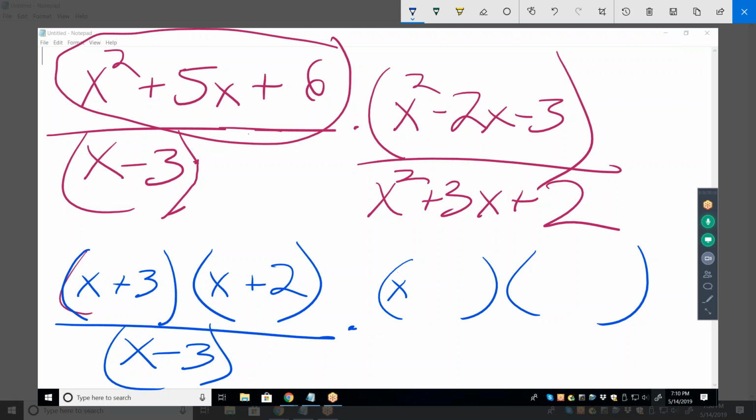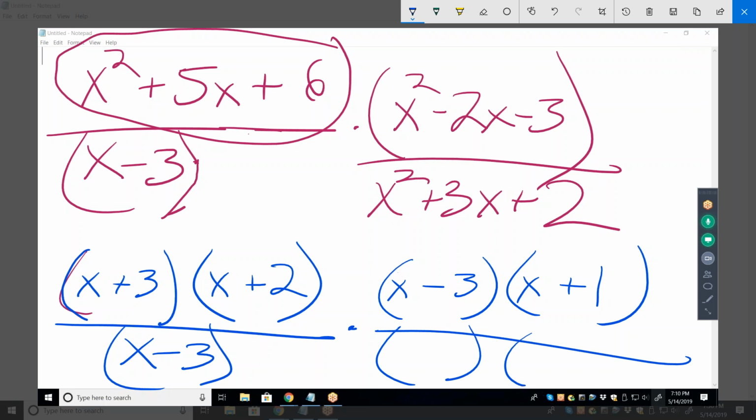So split up the x's, then it would be a negative and a positive, negative 3, positive 1. Good. And factor the bottom. It's a quadratic also. Okay, so split up the x's, both positive signs, and then it would be a 2 and a 1. Now you have everything factored.